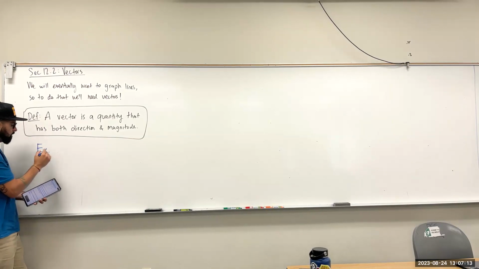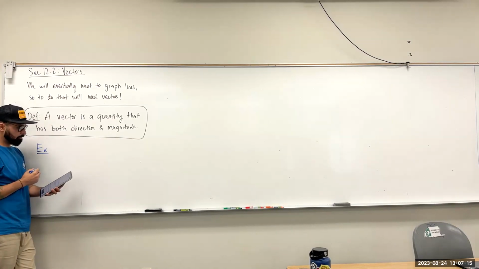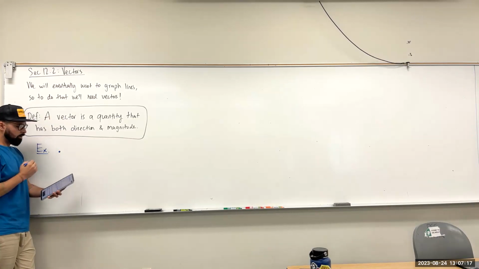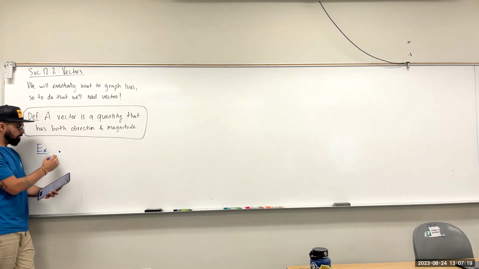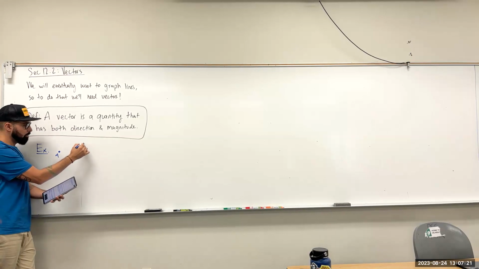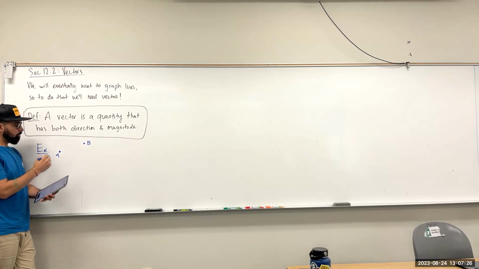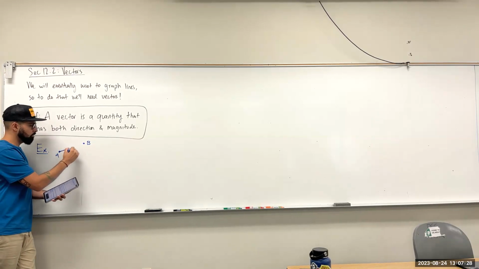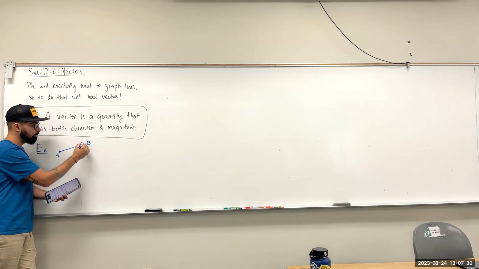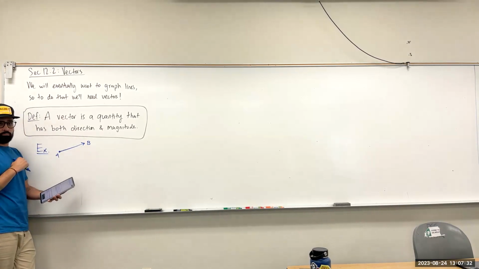It usually has to do with connecting points. Let's say we have point A here, and we have point B over here. I'm going to draw a vector, so I'm going to visually put a line, and I'm going to put an arrow to give me the direction.